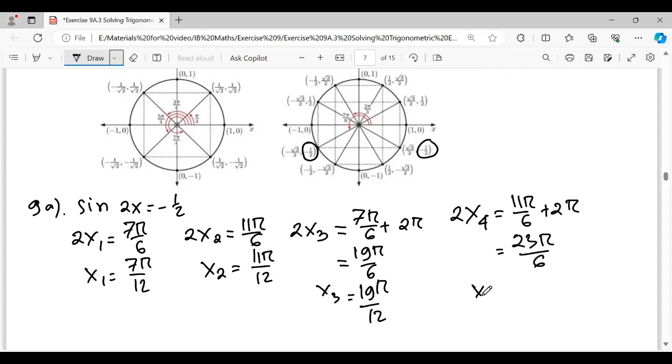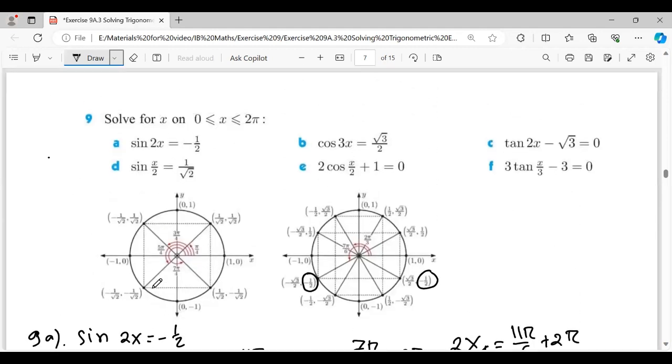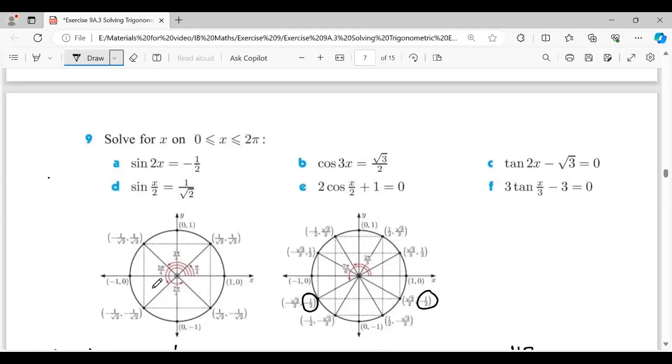So it means x4 equals 23 over 12 pi. So if you check x5, x5 would be over the interval, over 2 pi.